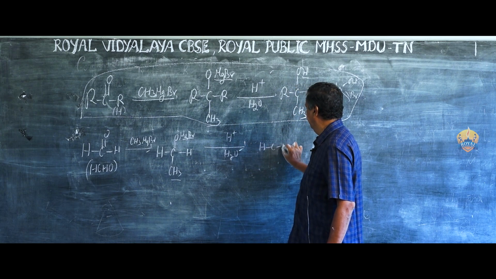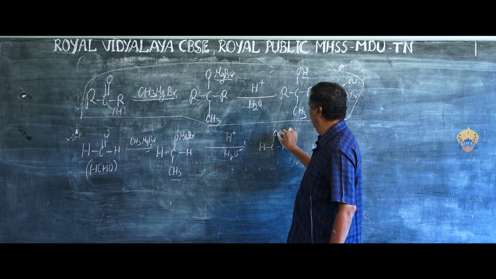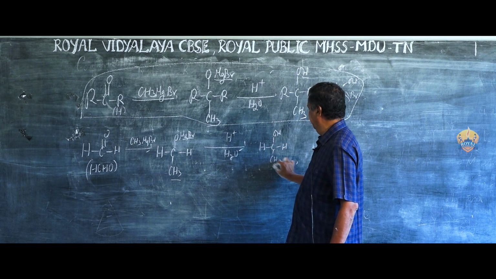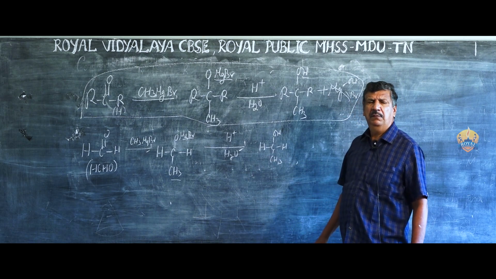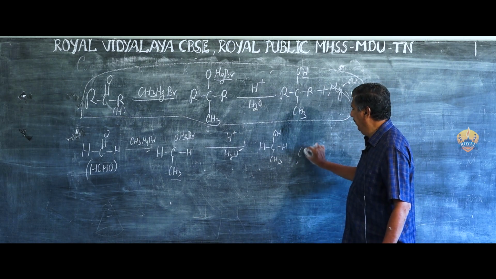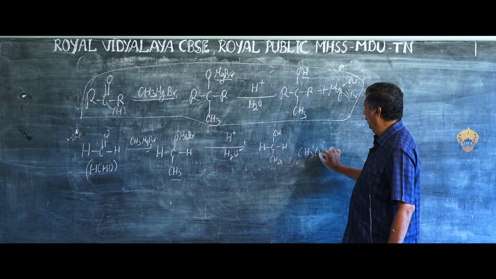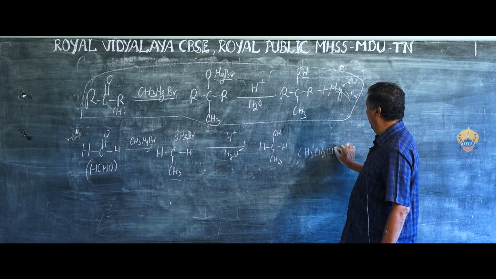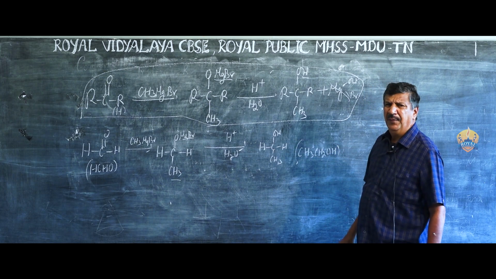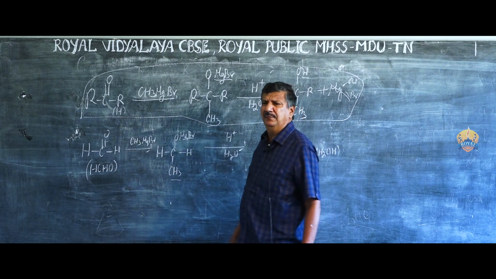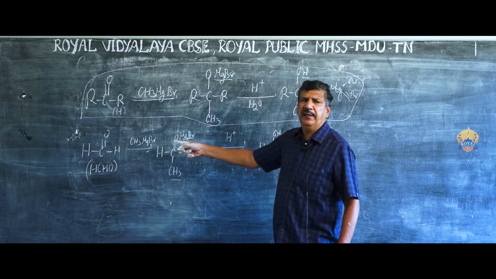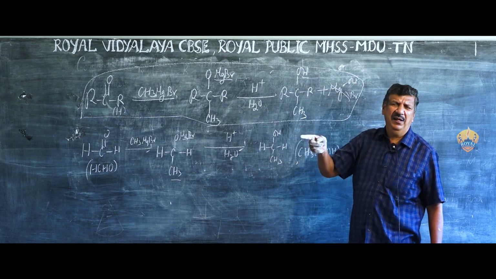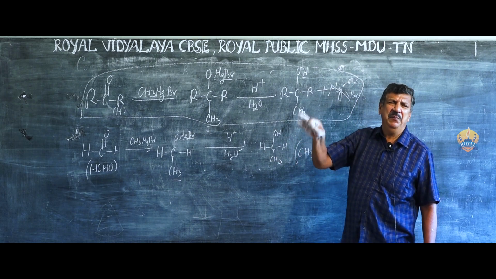That's all. If you combine this formula for your verification, you will be getting ethyl alcohol, that is primary alcohol. So, when you use formaldehyde with the Grignard reagent, certainly you will be getting a primary alcohol.